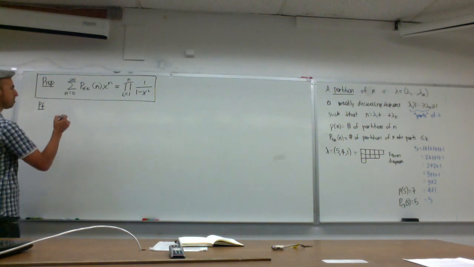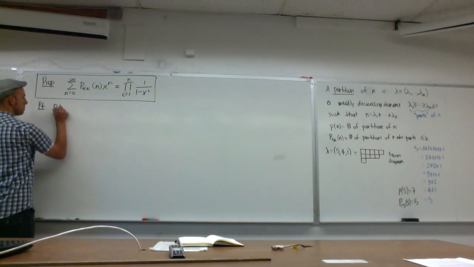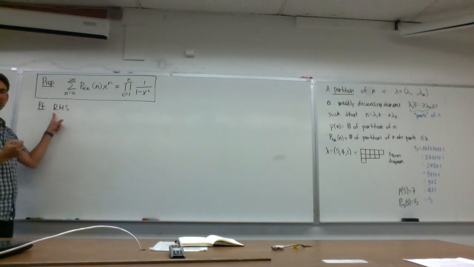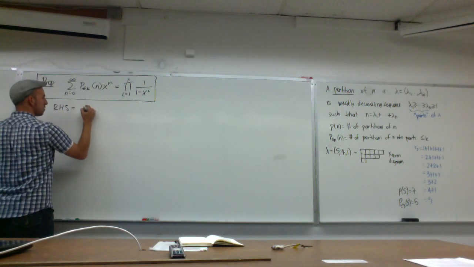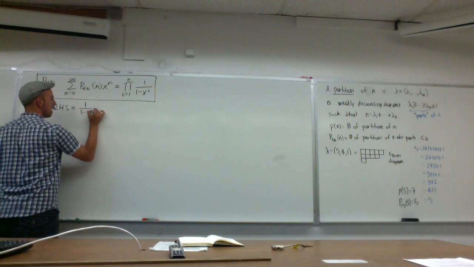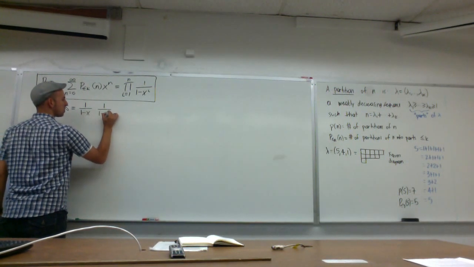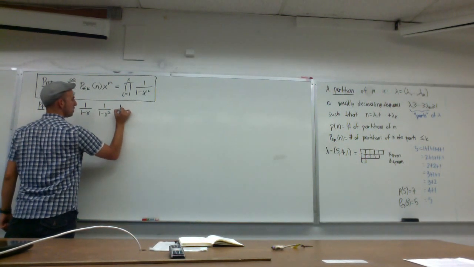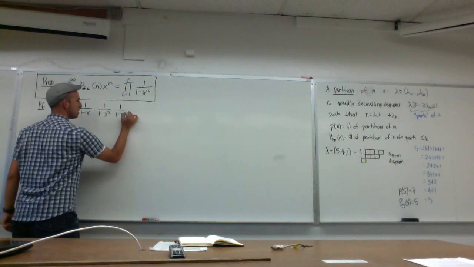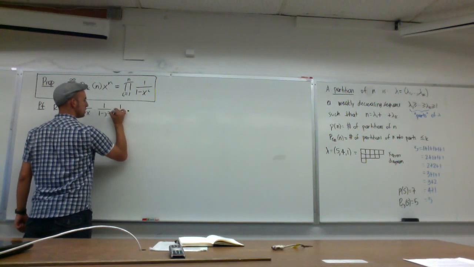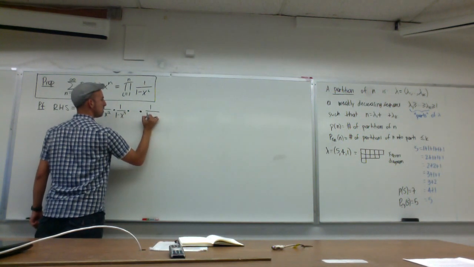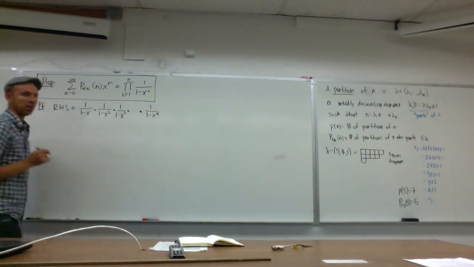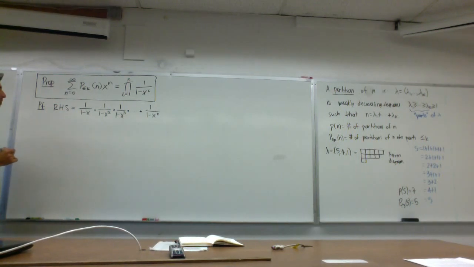Let's look at the right-hand side. This thing is 1 over 1 minus x, 1 over 1 minus x squared, 1 over 1 minus x cubed, up to 1 over 1 minus x to the k.